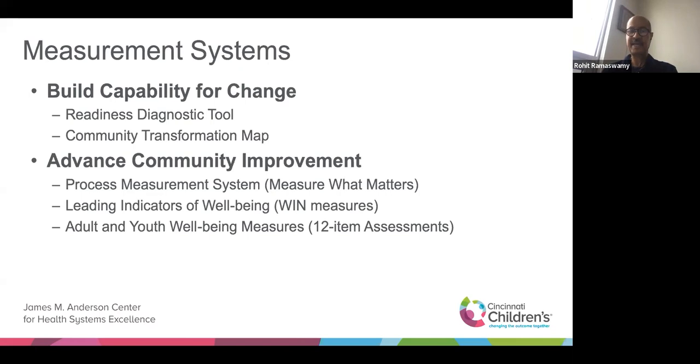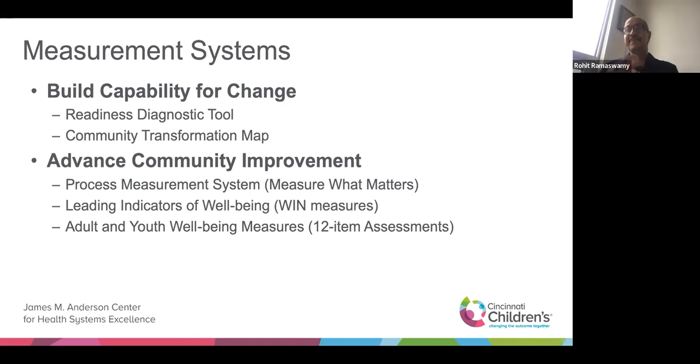And so these are some examples of what we built. We built some instruments to measure capability for change and how the capability for change was evolving over time. And we built some measures for measuring using traditional QI methodologies. So think about run charts of progress over time for process and outcome measures.